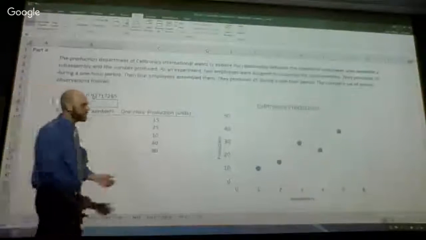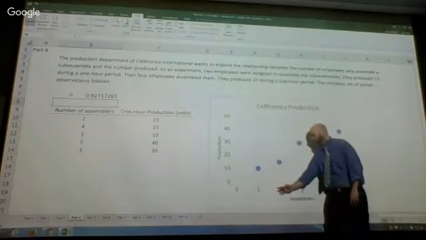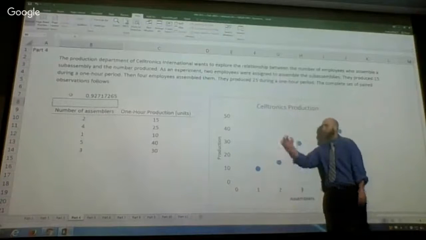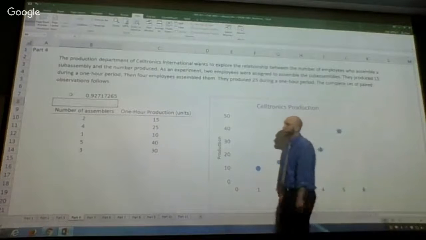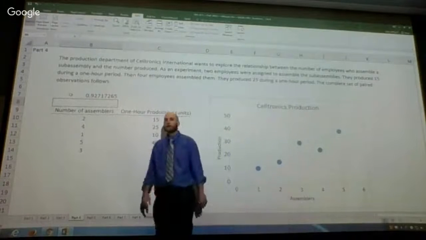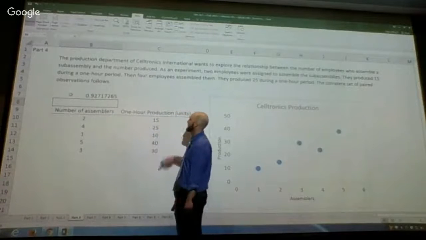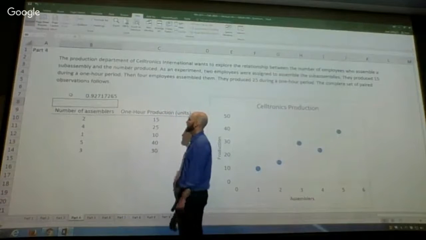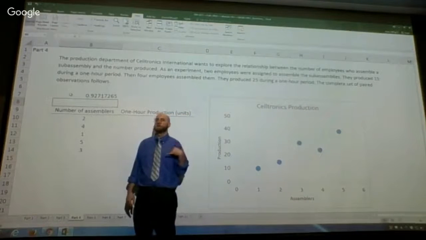But if I don't give you a scatter plot where you can easily say, oh, x must be assemblers, y must be production, you can always look at the 2 variables and say one of them makes sense. Use assemblers to predict the number of units, or use the number of units to predict the number of assemblers. The second one doesn't seem to make any sense.